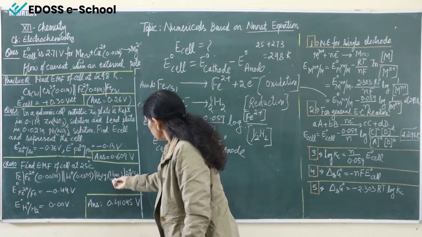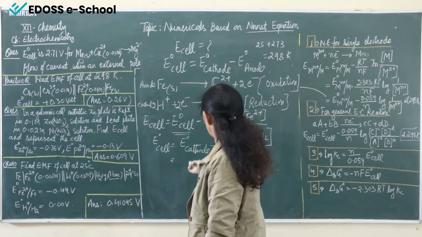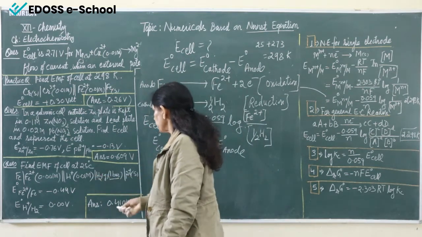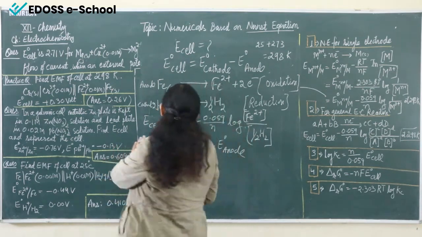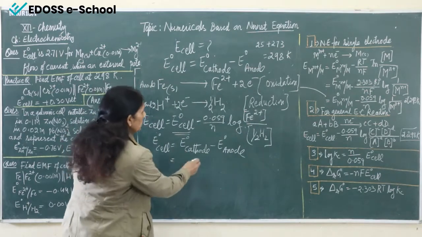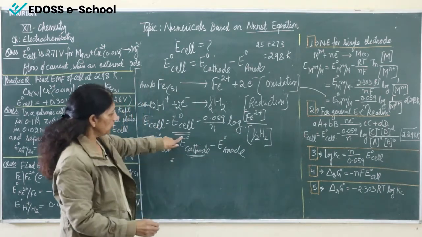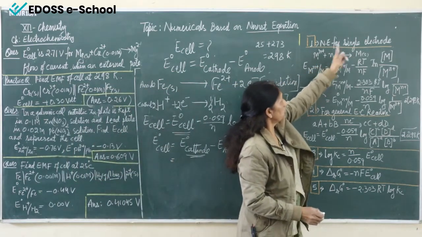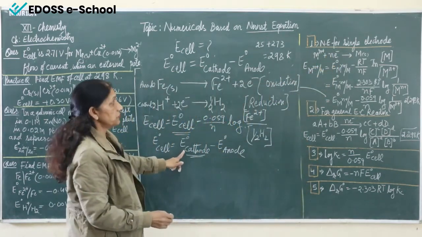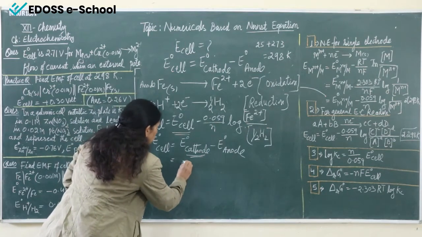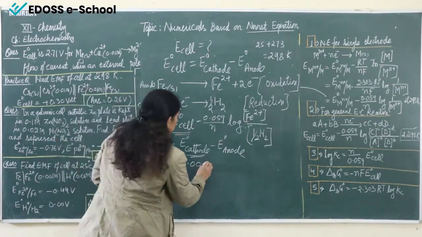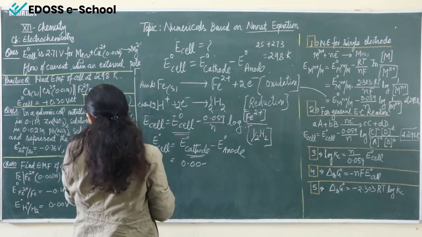Now see, 1 bar pressure is given and the concentration of hydrogen ion is given here. So what will we do in this question? The E naught of this single electrode potential is always taken as 0.00 volt, and minus E naught of the anode is already given to you.